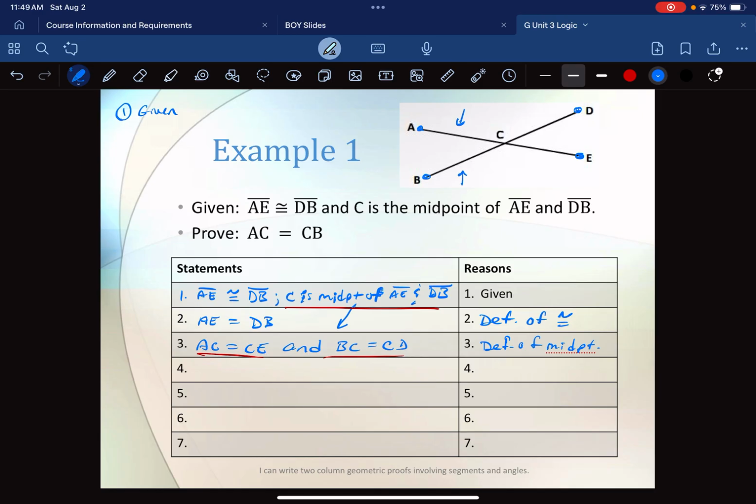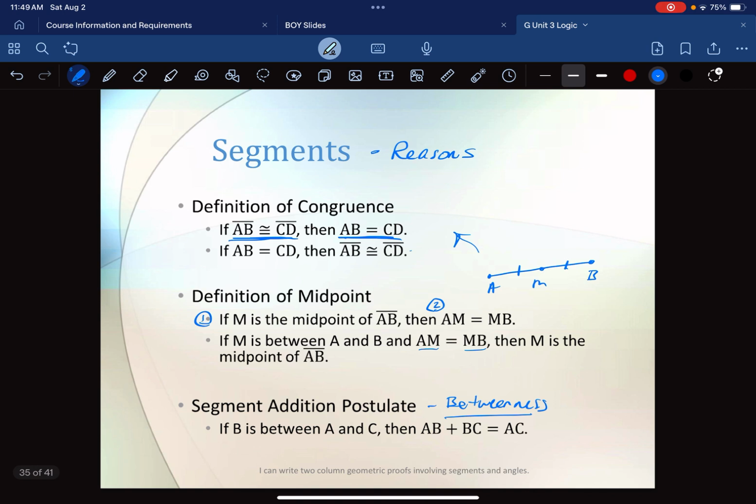Now how am I going to get from AC and CE to AE? Somehow I've got to make the leap from having pieces of segment AE to getting the entire segment AE involved in this thing. Well, we're going to go back to this segment addition postulate, or betweenness.